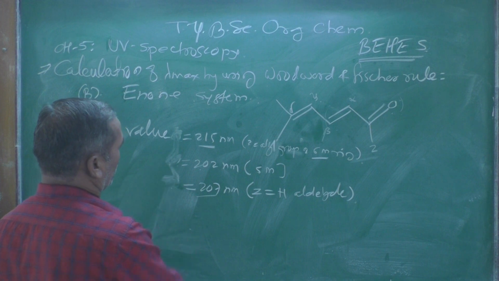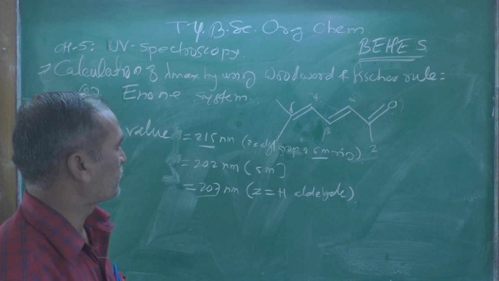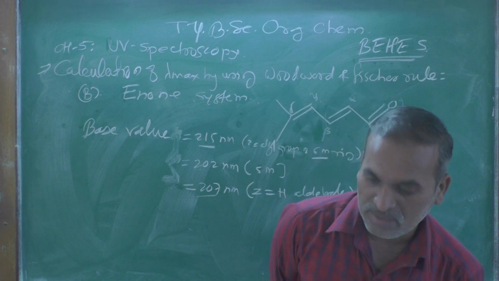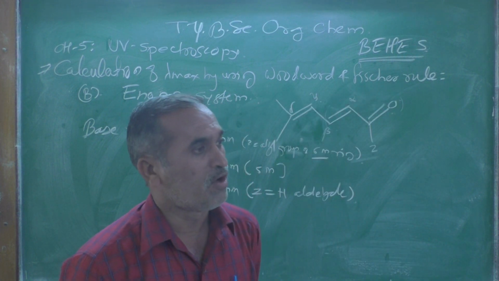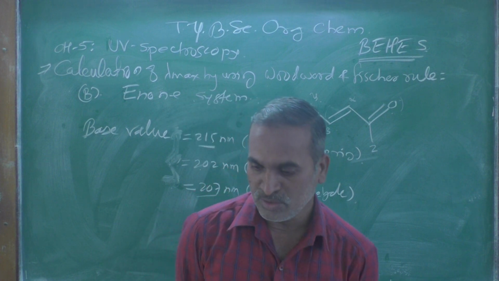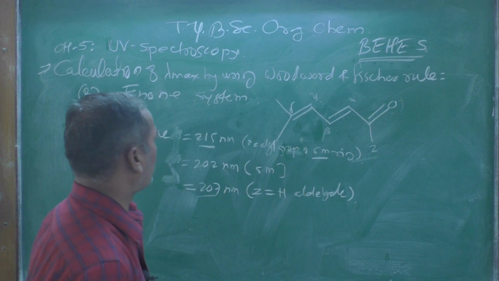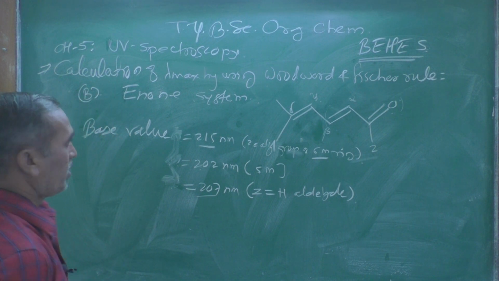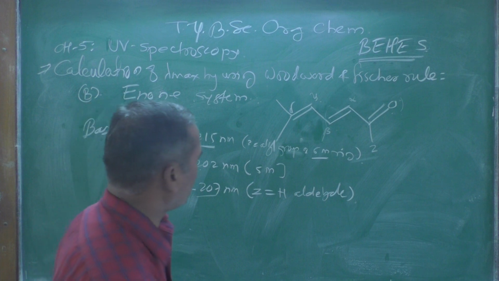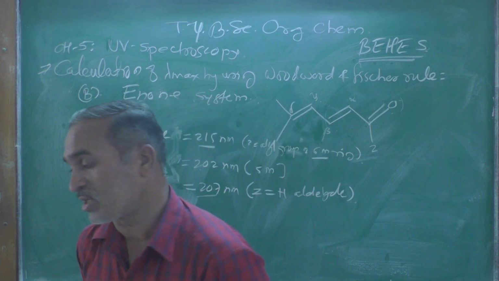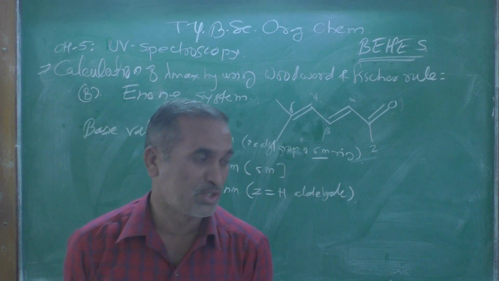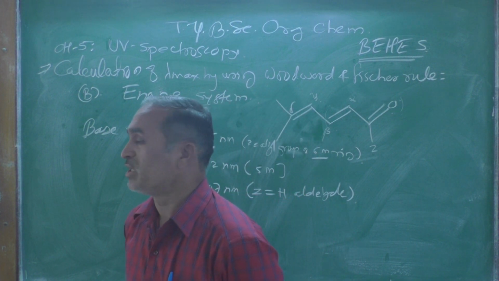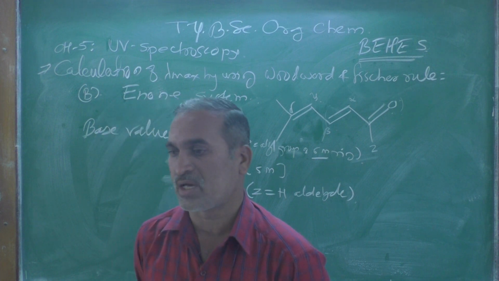Now, when to take 202 nanometer as the base value? If that enone system involves a 5-membered ring, then you take 202 nanometer as the base value. If Z is a hydrogen atom, that becomes an aldehyde, and as we know, aldehydes are always present at the end of the carbon chain.